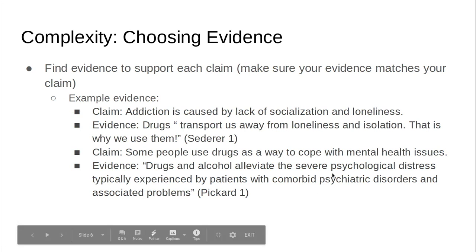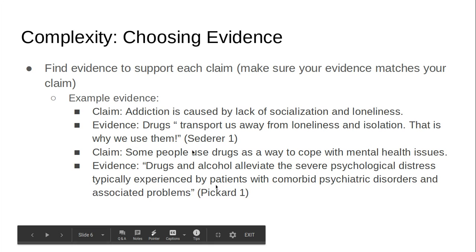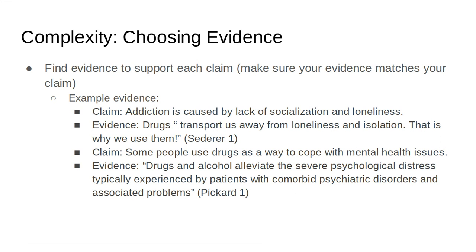So again, just putting the quote next to the claim is not quite enough because you do need that explanation piece next. However, if you have your claims, then as you're reading, you can find evidence that supports those claims and make a note of that. So when the time comes to complete a discussion board or to start writing your essay, for instance, you have the claim and the evidence that supports it ready to go.